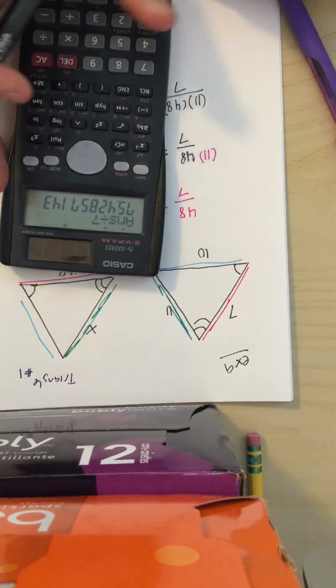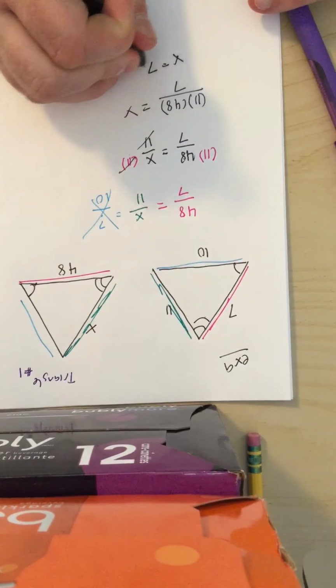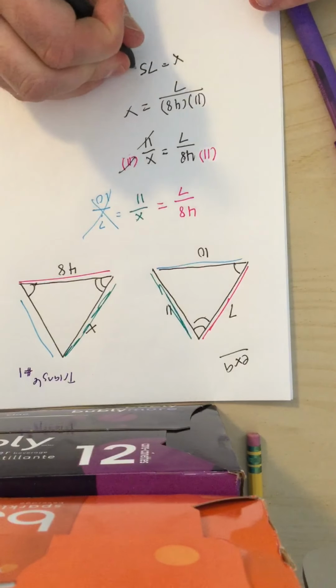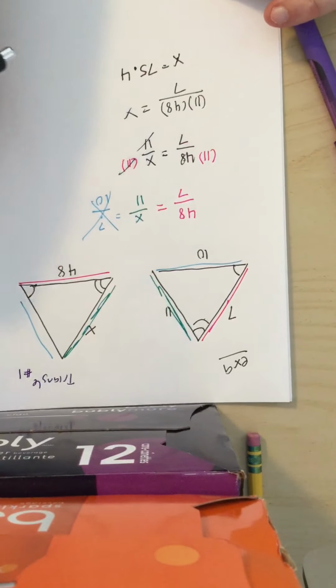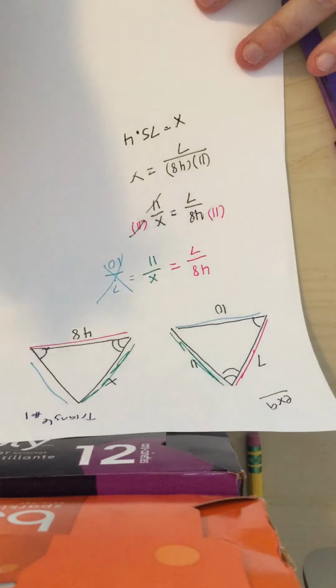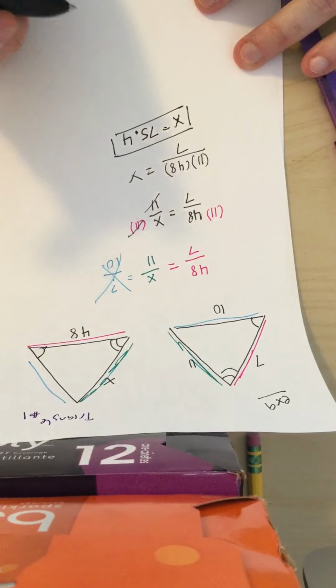So we'll call it 75.4. So X equals 75.4. And I cut up a little bit, but that is the answer.